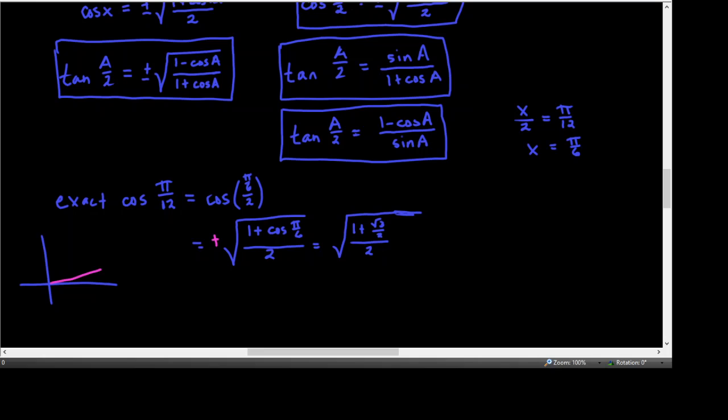The common denominator of all the little fractions is 2, because there's only one fraction that's small in this one. So multiplying by that form of 1 in the numerator and denominator gives me the square root of 2 plus square root of 3 all over 4, which is the square root of 2 plus the square root of 3 divided by square root of 4, which is 2.